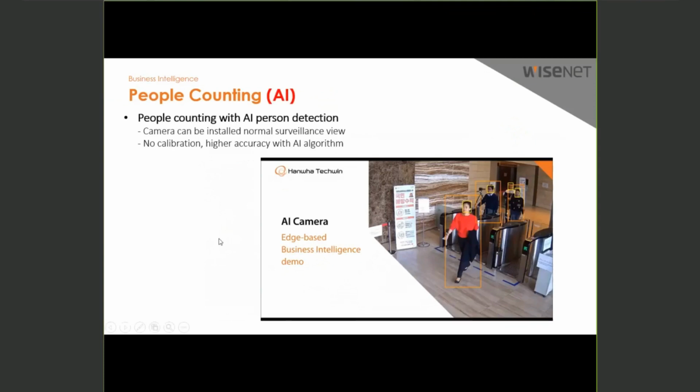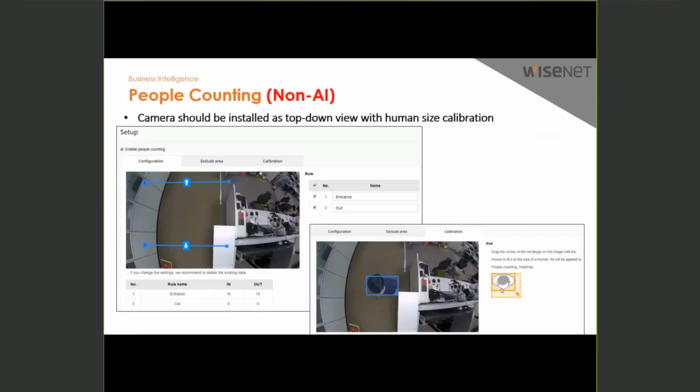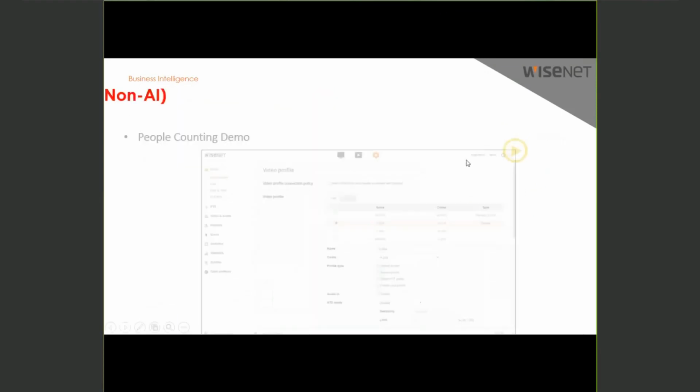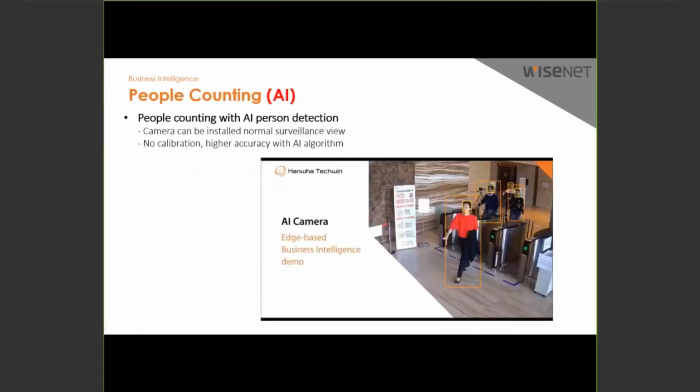And how about the AI people counting? Actually, people counting with AI is object detection. In this case, we will use person detection. With the non-AI version, you have to install the camera in a top-down view, but with the AI camera, you can install the camera with just a normal view, and you don't have to do any calibration, and the accuracy will be higher.